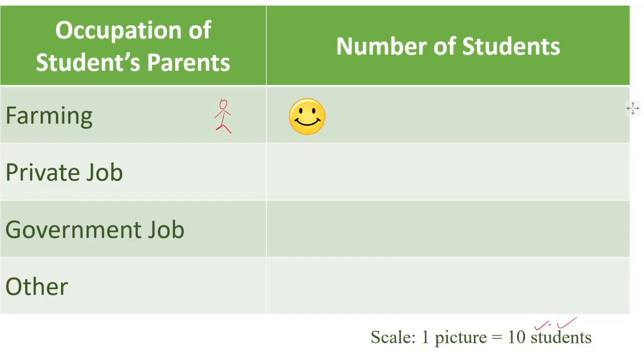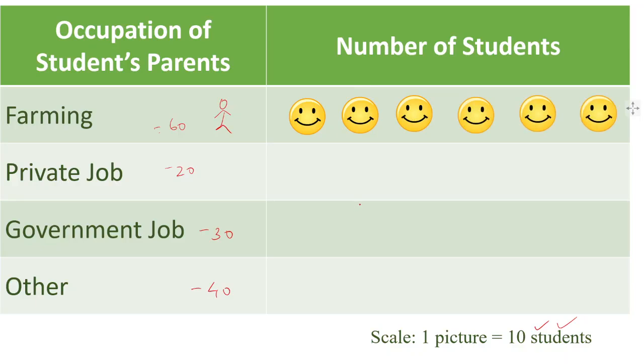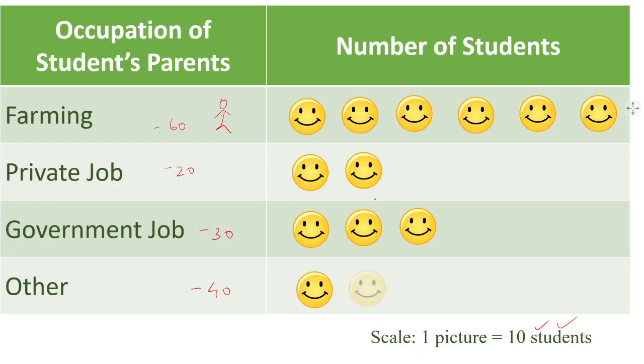So how many should I put? 60 was given here, this was 20, this was 30, and this was 40. So I will put 6 smileys here. 60 students. 20 students means 2 smileys. 30 students means 3 smileys. 40 students means 4 smileys. I have done it.